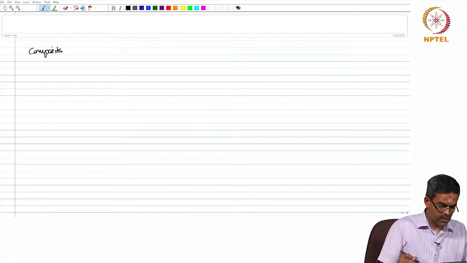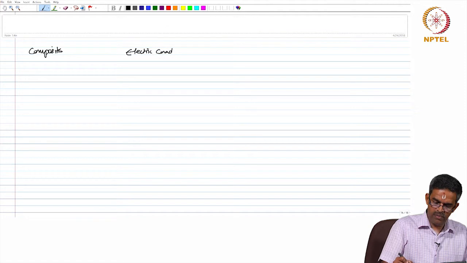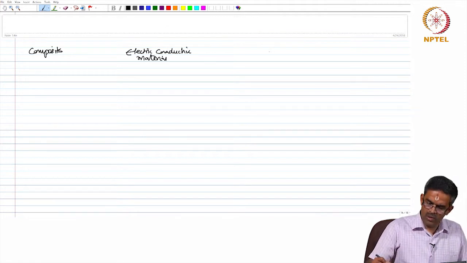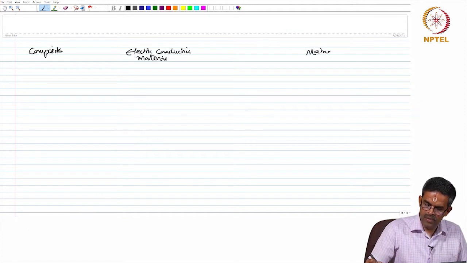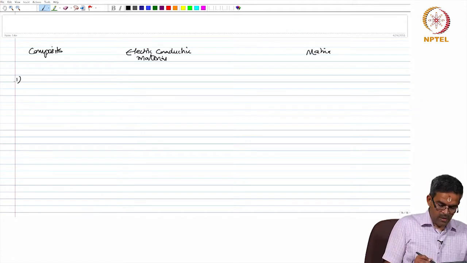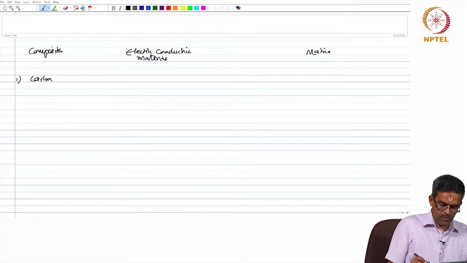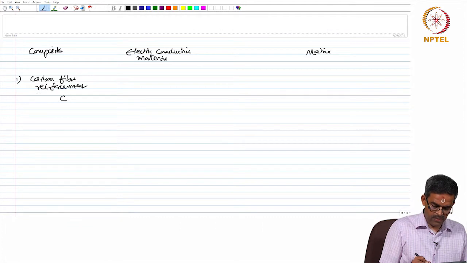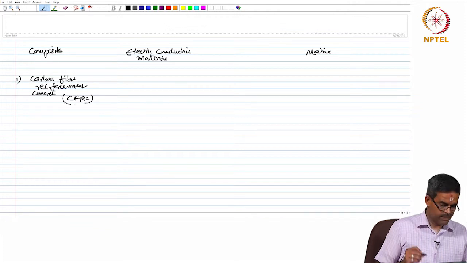Let us quickly see what are the different composites which have different electric conductive material and what is the matrix. The most popular is carbon fiber reinforced concrete, which is CFRC.